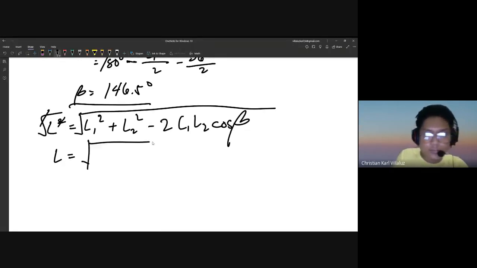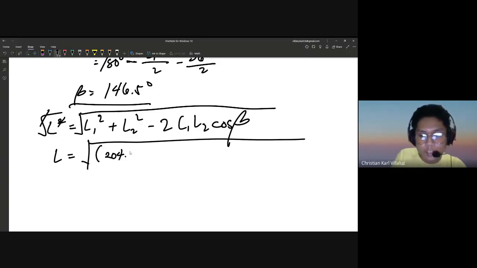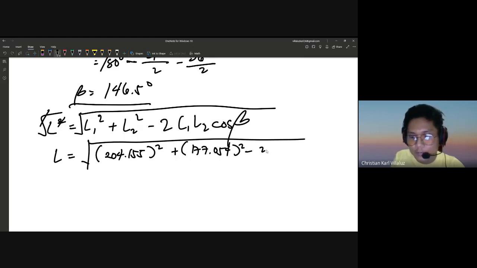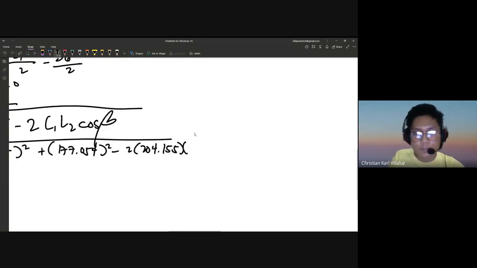So, the square root of 204.155 squared plus 177.054 squared minus 2 times 204.155 times 177.054 cosine of angle beta 146.5 degrees.